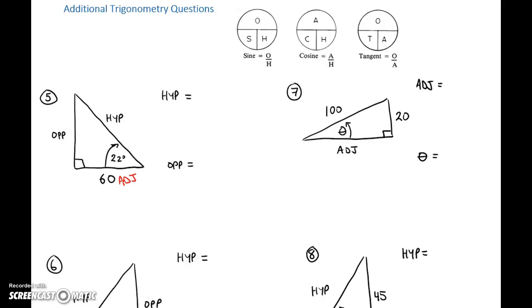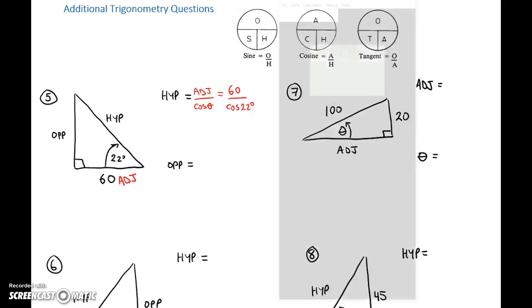So we can find the hypotenuse here first by using this cosine relationship. That should be equal to the adjacent over the cos of the angle. So that's equal to 60 over cos of 22 degrees.